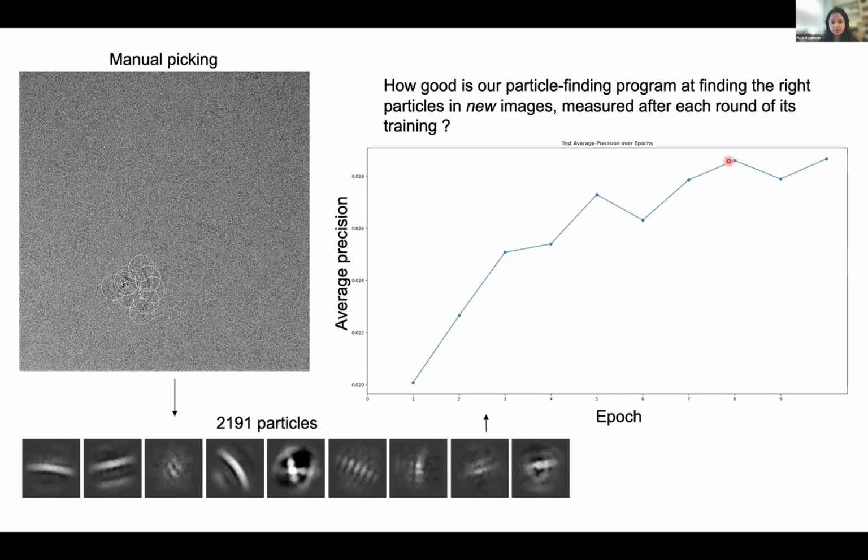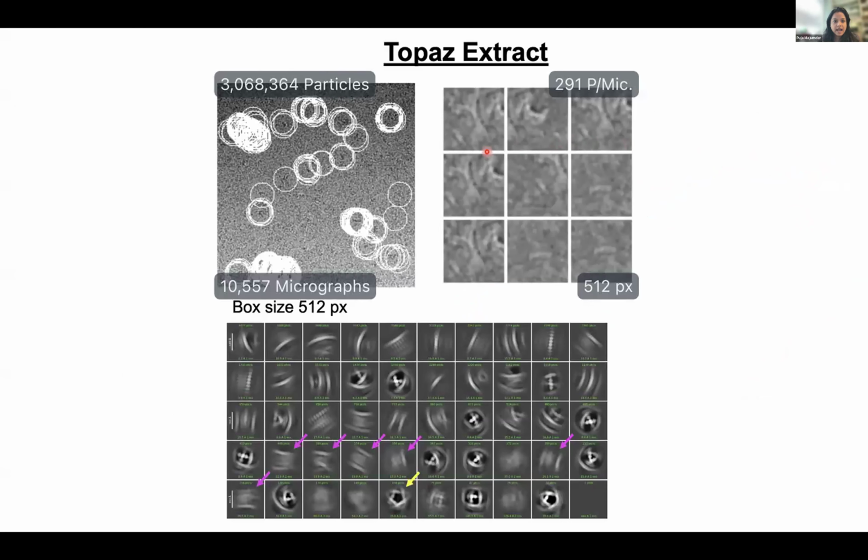So I used this model for particle picking, and Topaz did a very good job, picking around 3 million particles from 10,000 micrographs. The one problem I faced with Topaz is that it picked a lot of duplicate particles, but I could remove these using the remove duplicate particles job in CryoSPARC.